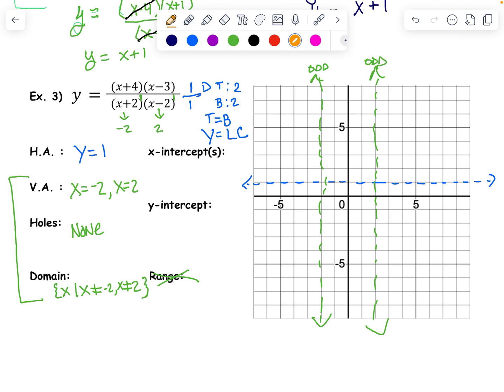Okay, our x-intercept is what makes the top 0. Now the top is only x plus 4 and x minus 3. So if we're looking at what makes the top 0, a -4 would make a 0, and a 3 would make a 0. So at -4 we would be here, and at 3 we would be here.